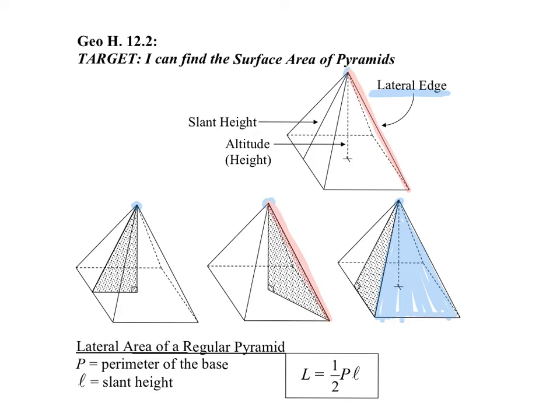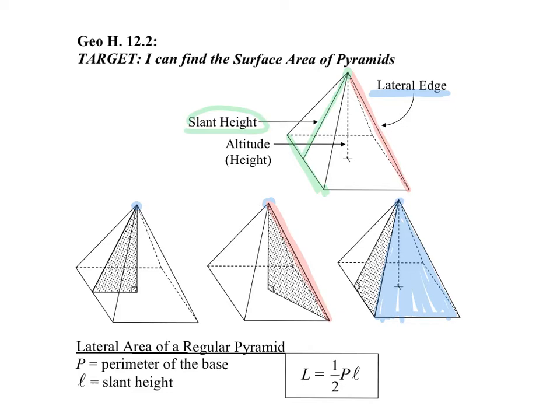The next thing is the slant height. The slant height is the distance from the vertex of that pyramid, in other words, the top of the pyramid, perpendicular as well as bisecting the base of the pyramid.